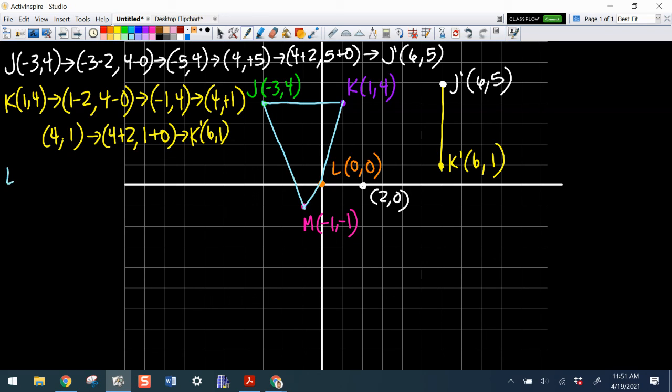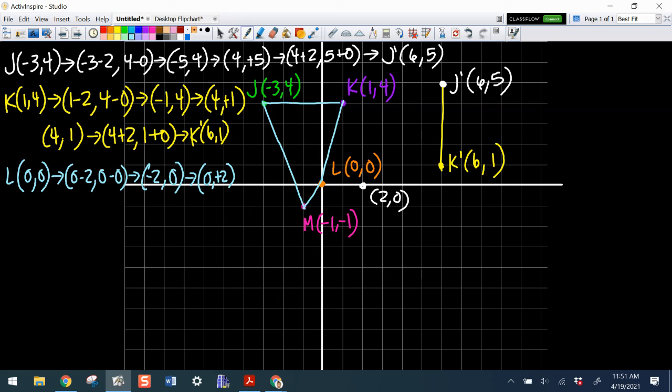Let's look at L. So we're going to subtract our center. So we're going to subtract 2 from our x and 0 from our y. Seems silly to do that, but we have to here, just so we get in the habit of approaching this math correctly. 0 take away 2 is -2. 0 take away 0 is 0. Then we are going to use the function by swapping x and y, and then changing the sign of our second value.